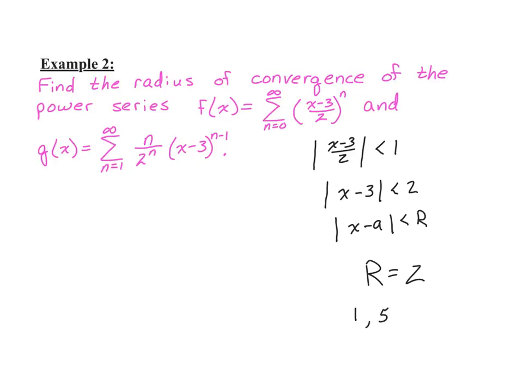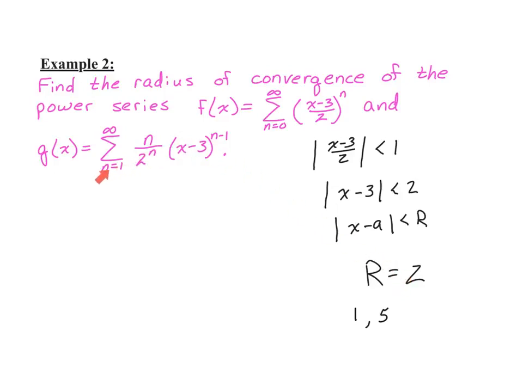Now, 1 and 5 are the endpoints of this interval. And so we do not know what's happening at the endpoints yet. Like I said, we'll cover that later in the chapter. But we do know everything in between here does converge if our center is 3 and our radius is 2.